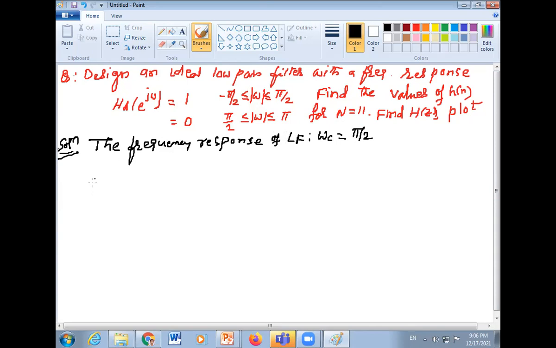If I want to plot a graphical representation of this, let me plot it like this. This is the graphical representation for the given equation.